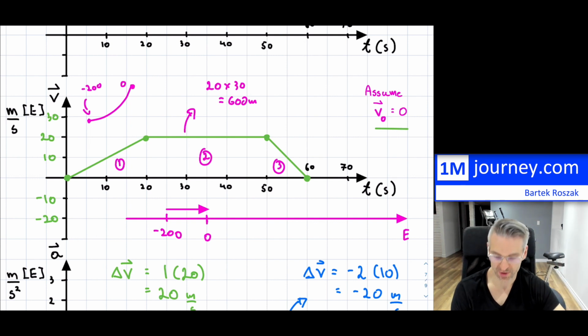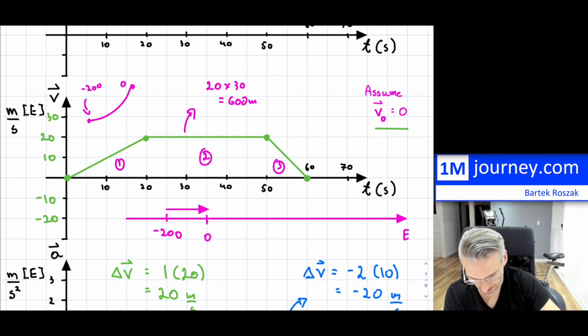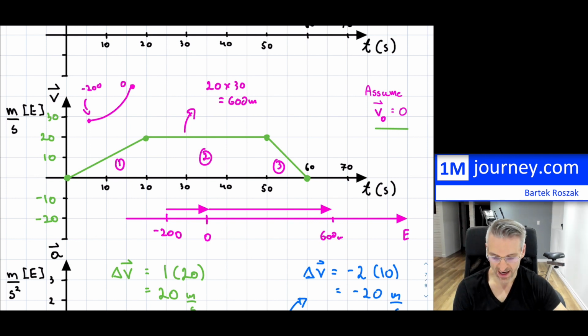So that means I'm going to be moving along here 600 meters, whatever length that might be, and I'm going to end up over here at 600 meters. So that is my actual displacement, and I'm starting from 0 over here. So I'm ending up at position 600 right there.